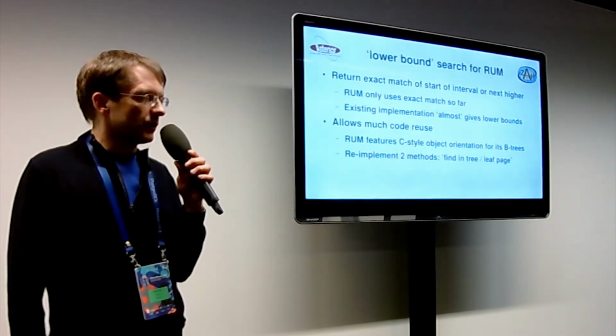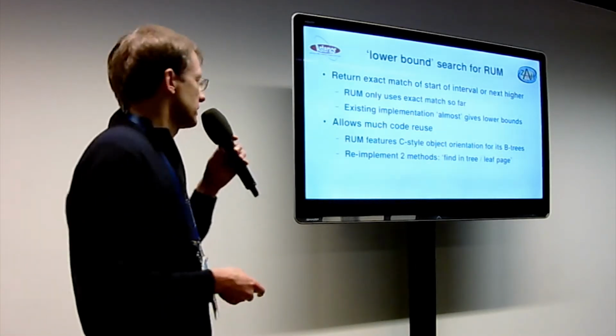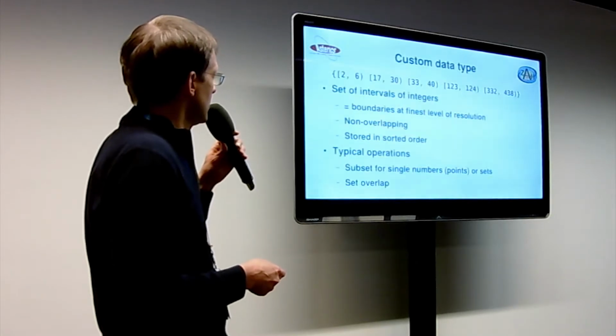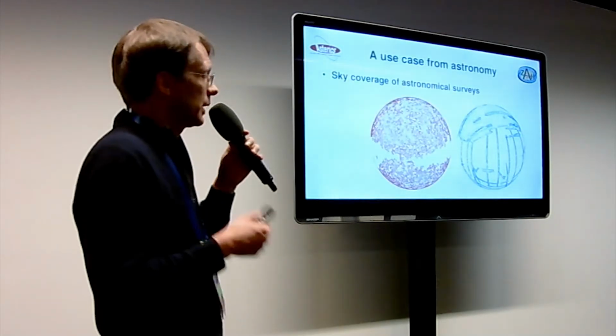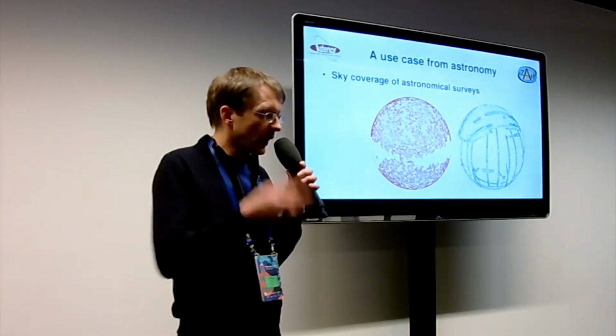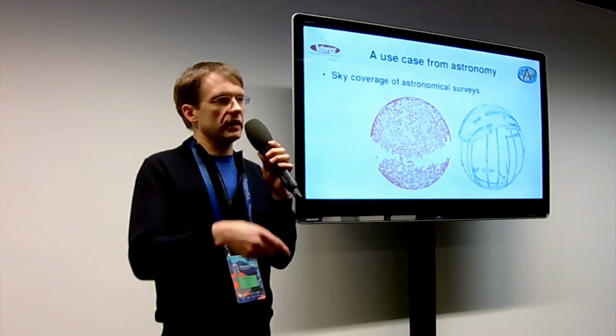However, the problem, I will go back to the slide with the sky maps here to answer this question. So the way it is done is that these polygons are indexed to make searches fast.